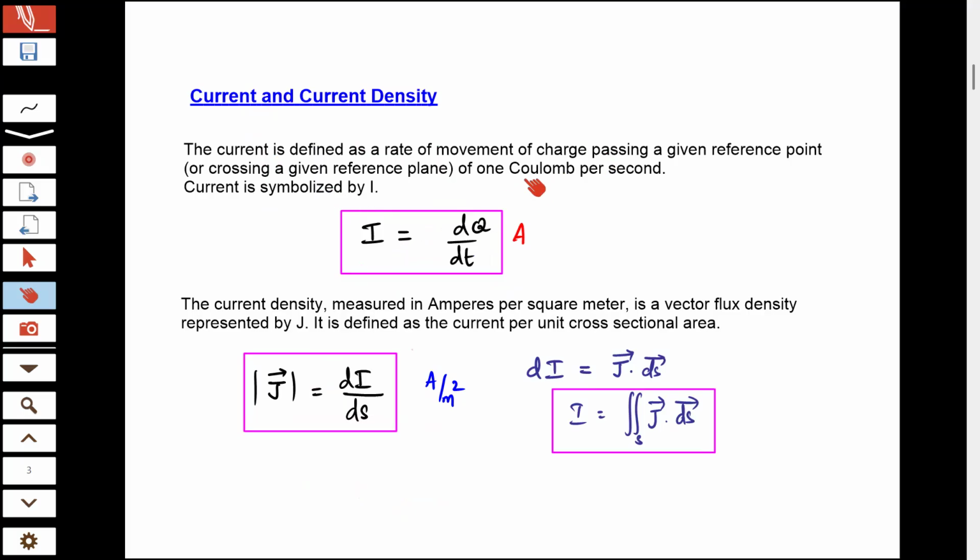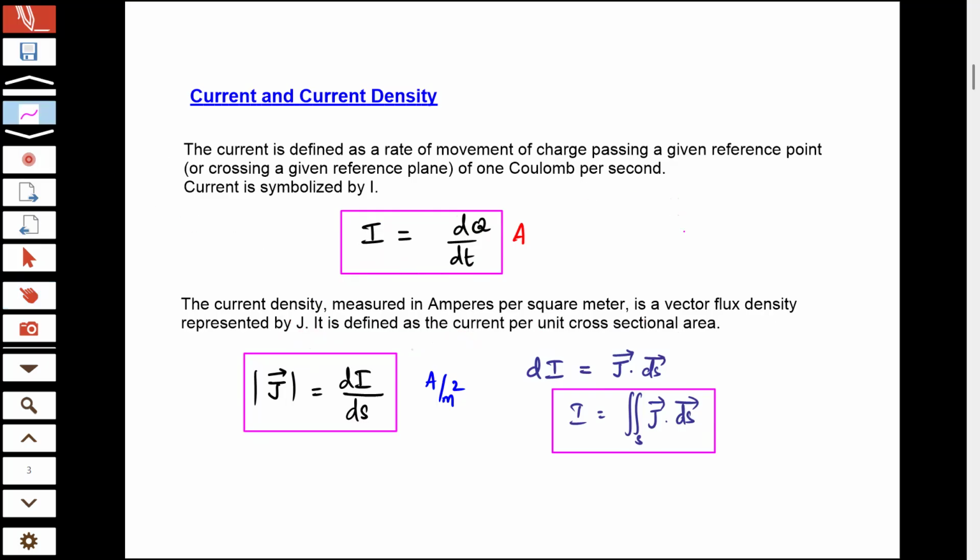It can be defined as number of coulombs per second, and it is given by the unit of amperes, A. We can write the rate of movement of charges as dq by dt, which is the definition of current I. We can also define the vector flux density for this current, that is called the current density. That current density is indicated by vector J, which is defined as the current per unit cross-sectional area.